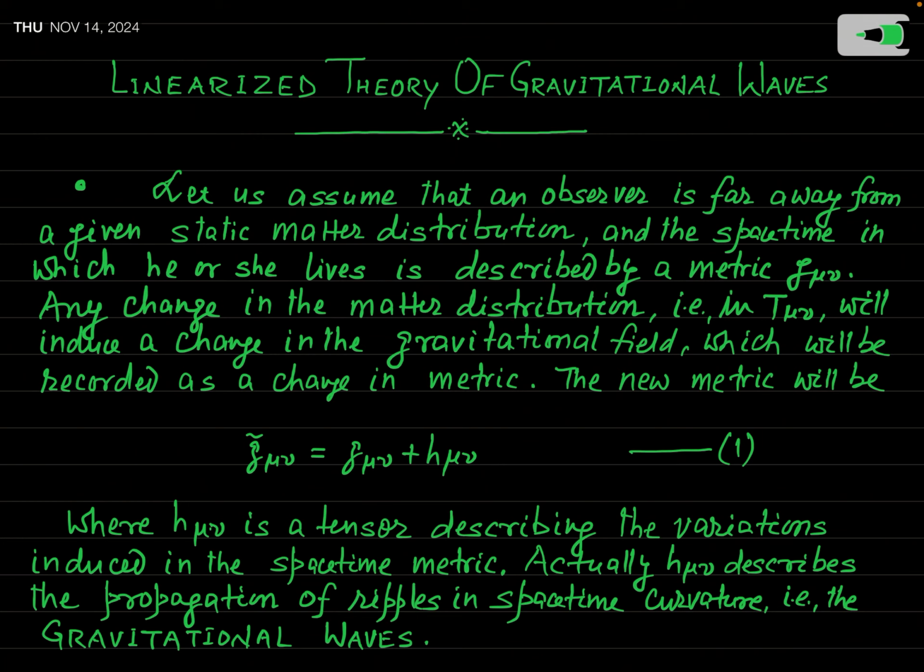So you can say that in the classical limit, when we talk about the weak gravitational field and slowly moving objects, that is, objects moving at a speed much smaller than the speed of light, then this relativistic theory of gravity proposed by Einstein, which is called general relativity, simply reduces to Newtonian theory, which is a classical theory.